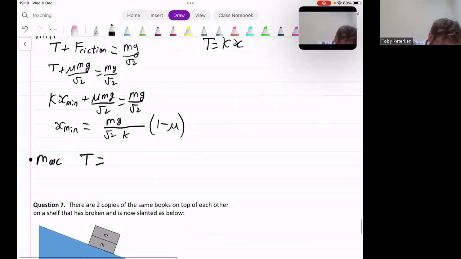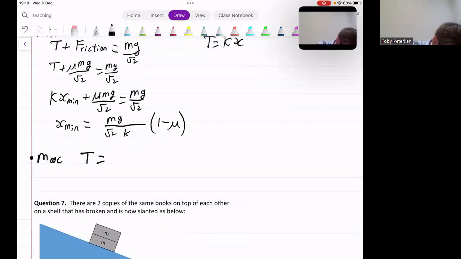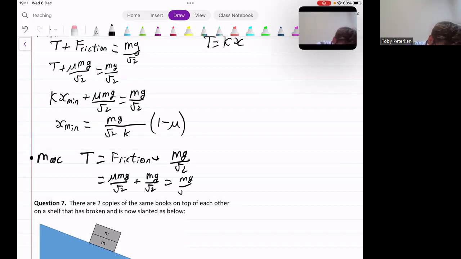So tension is equal to friction plus mg over root 2, which is mu mg over root 2 plus mg over root 2, so mg over root 2 times (1 plus mu) this time.